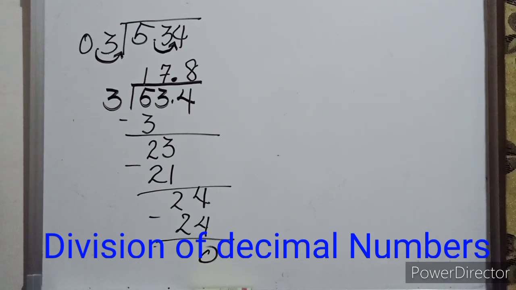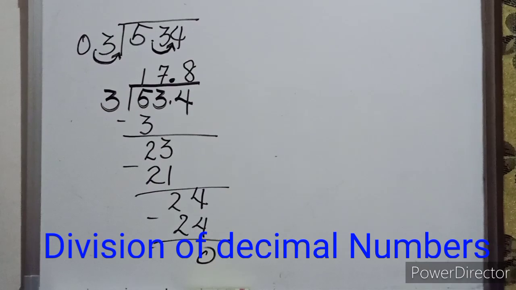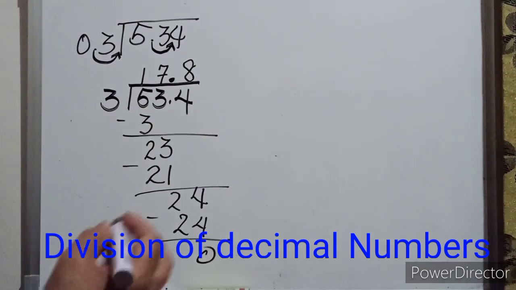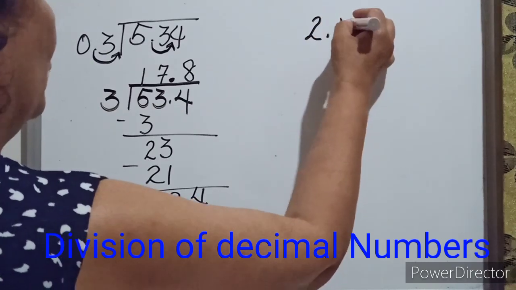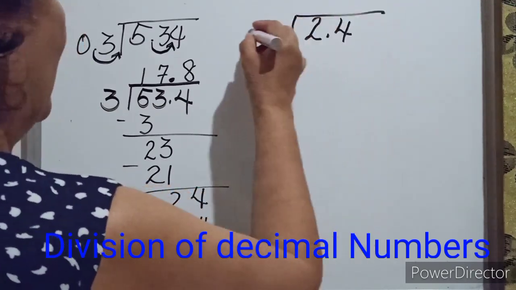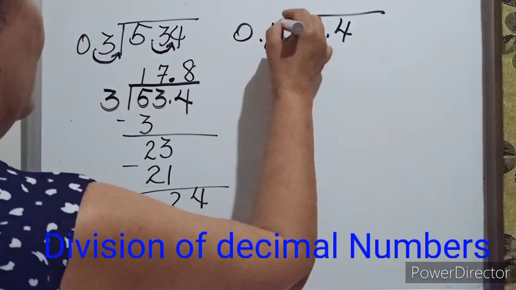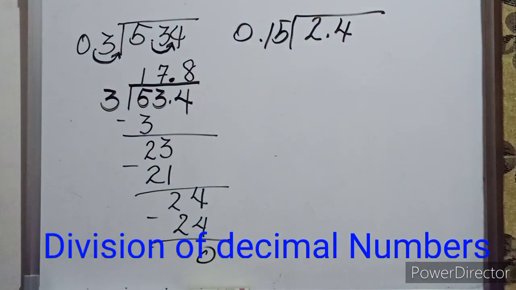Okay, let us take another example. Let us say you are given 2.4 divided by 0.15. So what will we do?